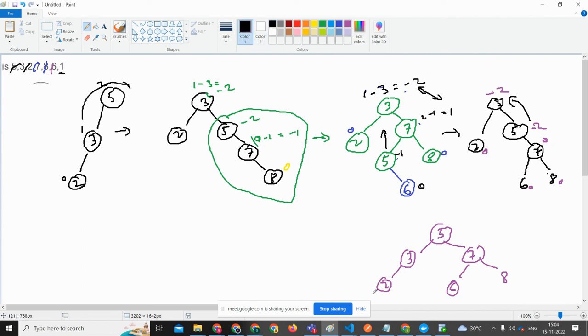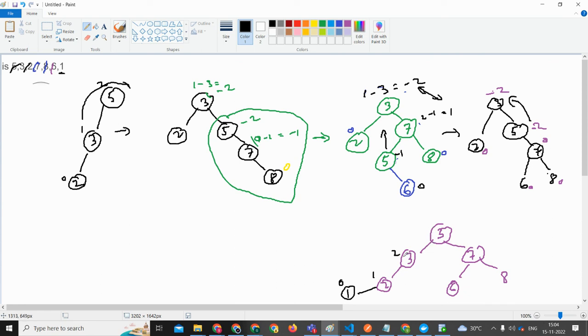So now 1 is getting inserted here, right? Left side of 2. Yes. So now let's write the weights: 0, 1, 1. Here it's 2. So since you have 2 here, first you do rotation here.